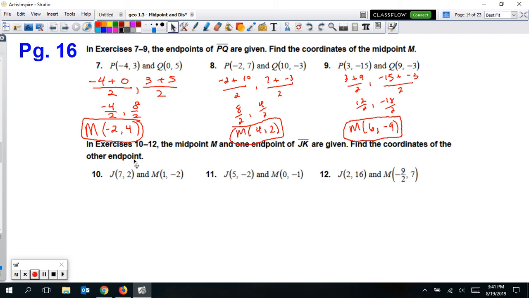We're still going to use the midpoint formula to do this, but it does tend to be a little more challenging. In fact, what we have to do is make an equation for each coordinate. We need to make an equation for the x coordinate and an equation for the y coordinate.